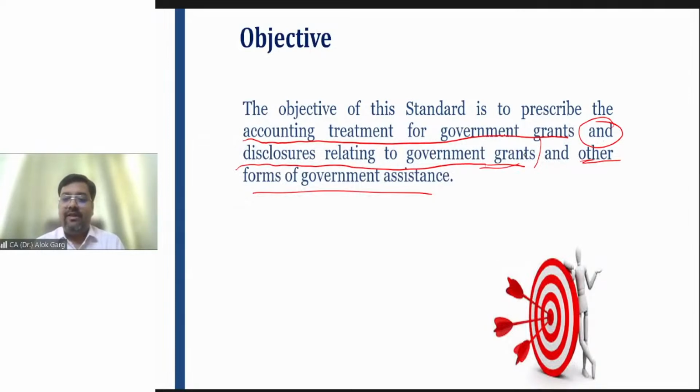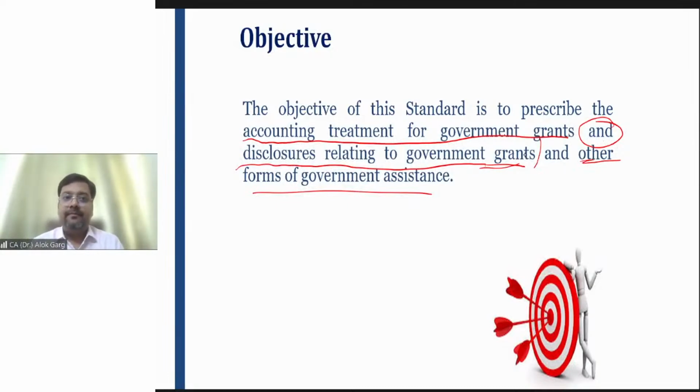Although the government has not given the money, the government has given the asset free of cost. So there is a value placed on that support or help which is given by the government to the company. So friends, whenever there is a value placed on it, it will be a kind of government grant, and the accounting, recognition, measurement, presentation, and disclosure is given in the standard.